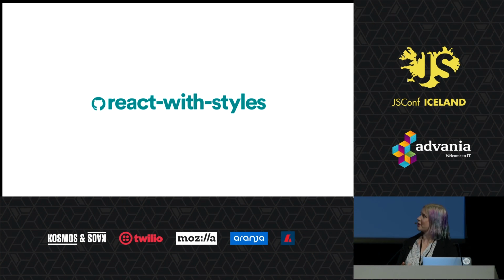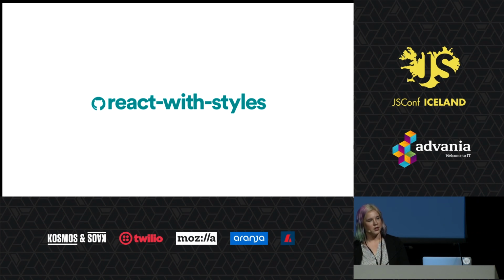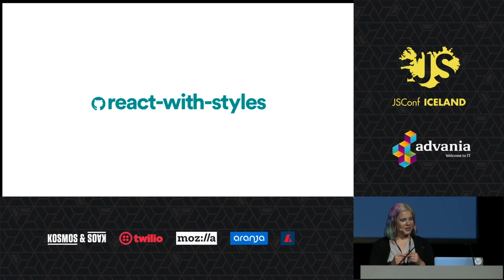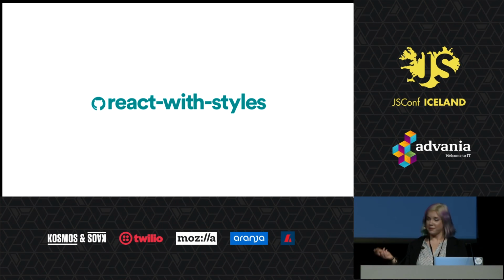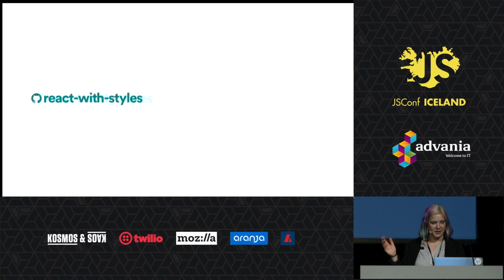So one of my coworkers tried to future-proof this idea at Airbnb with a package called React with Styles. The basic premise of React with Styles is that no matter what technology you're relying on, you always write your components the exact same way. What actually does the under-the-hood legwork of that styling is an interface.